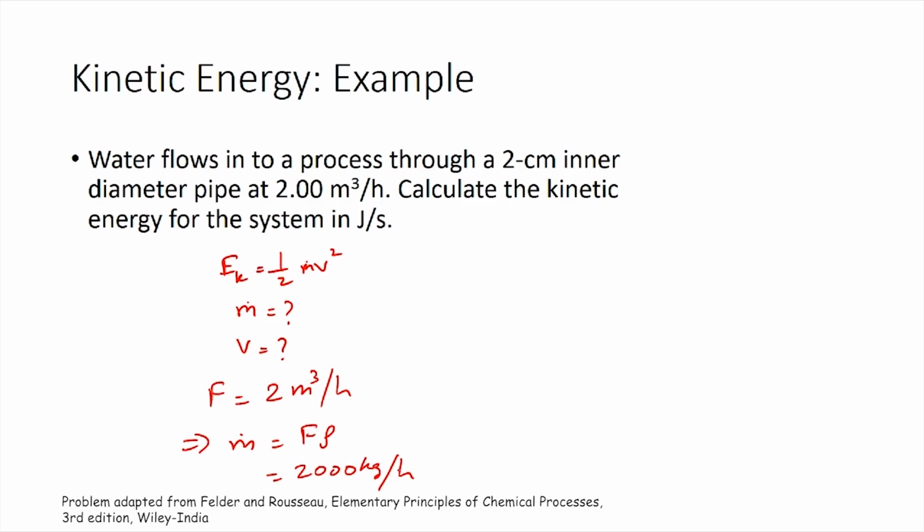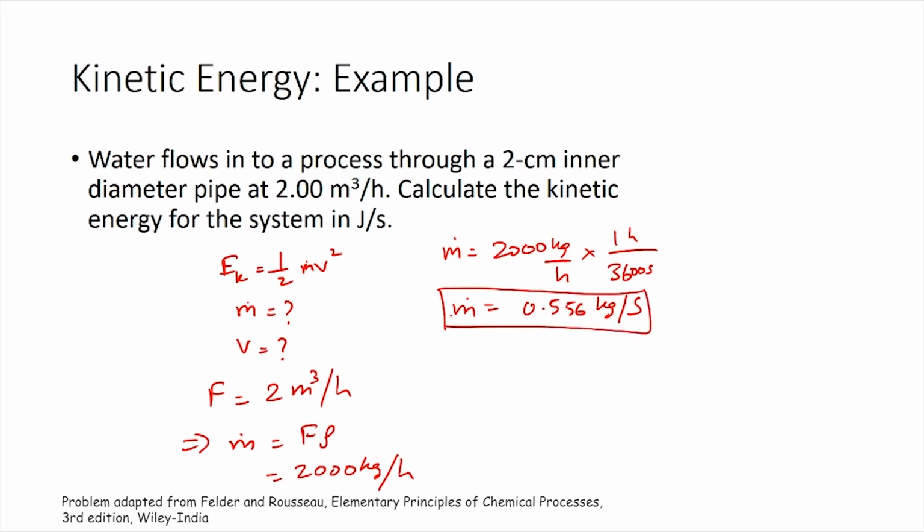So, this hour term would have to be converted to seconds, thereby our mass flow rate becomes 2000 kilograms per hour times 1 hour contains 3600 seconds, giving you a value of 0.556 kilograms per second.